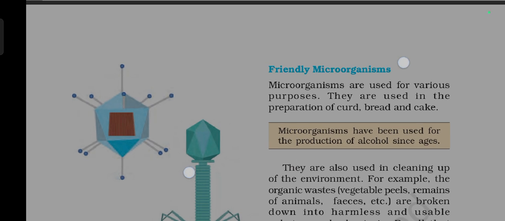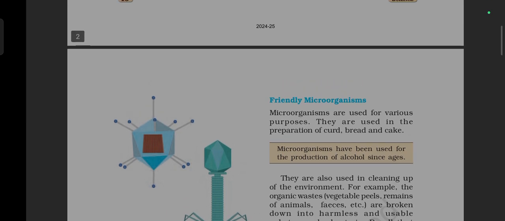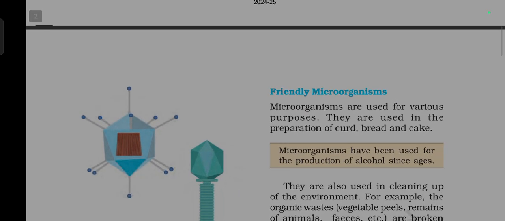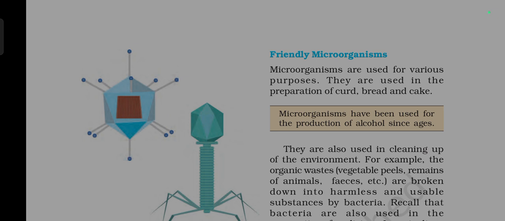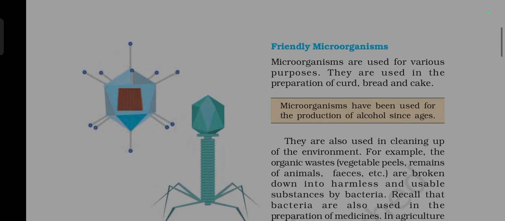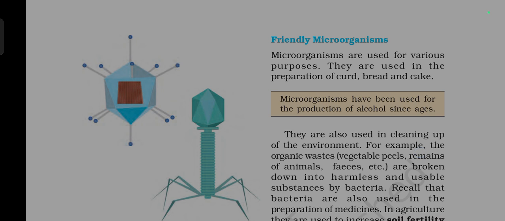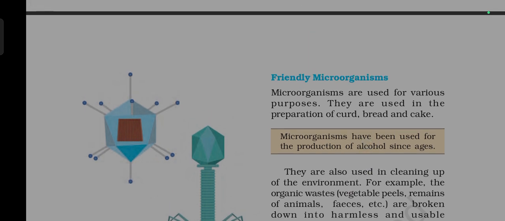Now let's talk about friendly microorganisms. So microorganisms are used for various purposes. They are used in the preparation of curd, bread, and cake. I think everyone has seen how your mother or anyone in your house prepares curd with the help of some microorganisms.